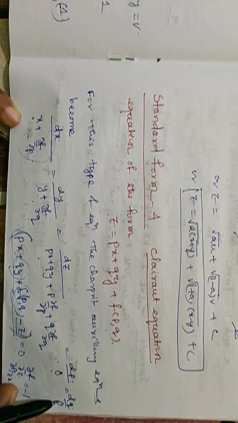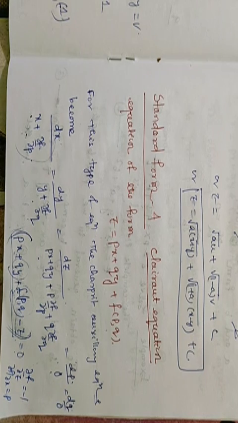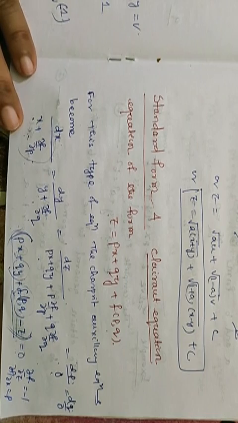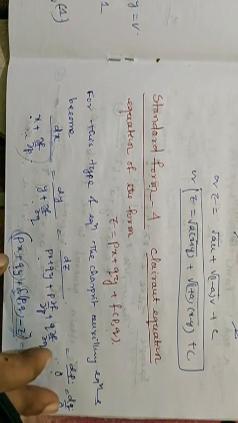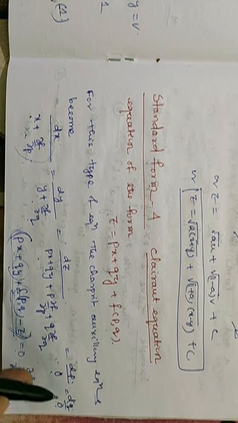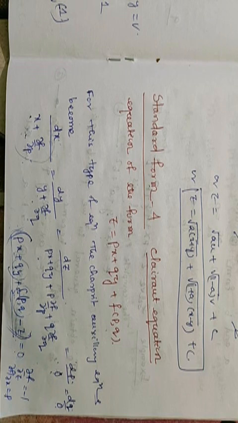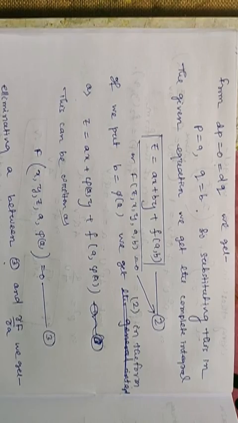Similarly we get dq by 0. What is the denominator there? It is del F by del y plus q into del F by del z. Hence these two we get 0. So from this we can write that dp is equal to dq is equal to 0. Integrating that, we get that p is a constant and q is a constant.